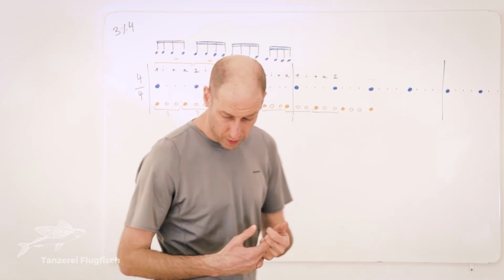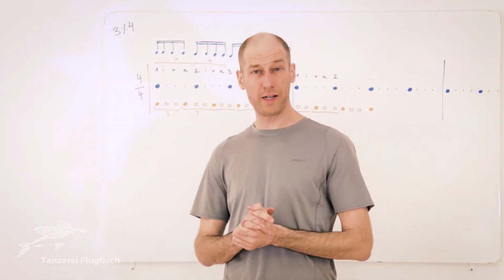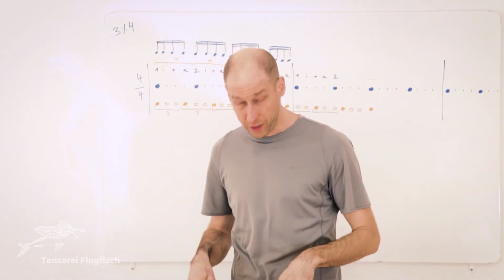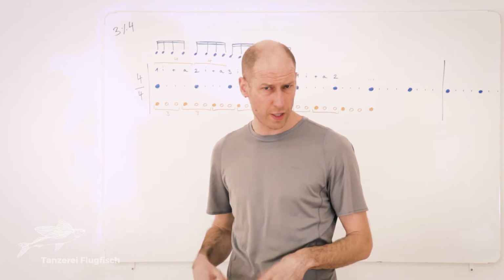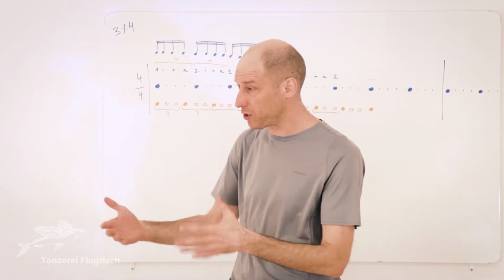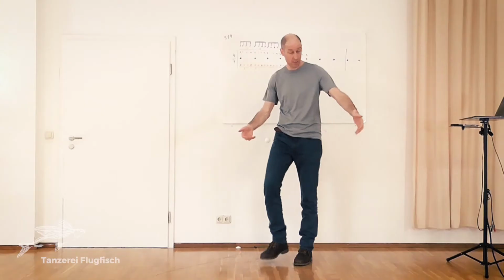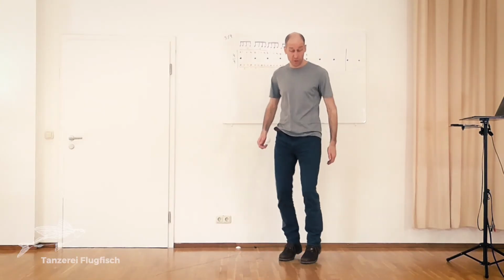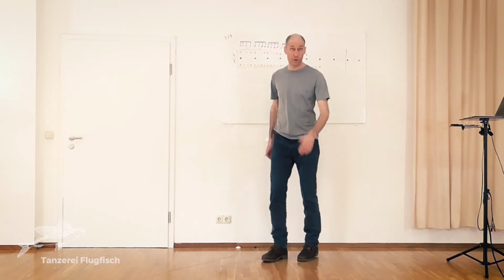The task now is to not think of these as triplets, which is what would happen if I just walked into the room and heard this. I would surely think that the dancer is doing 1, 2, 3, 4, 1, and I would be wrong, right?